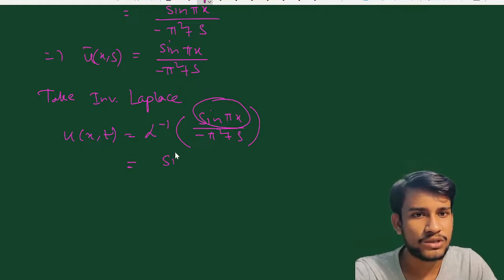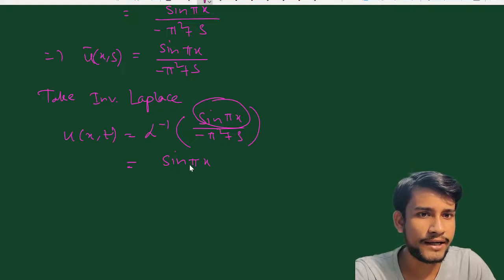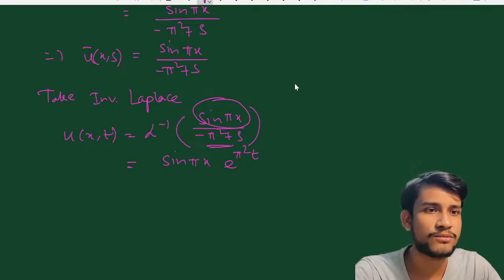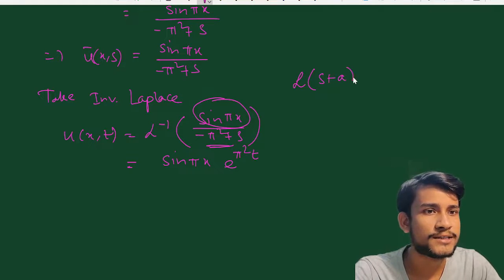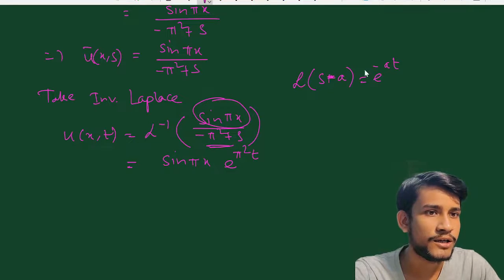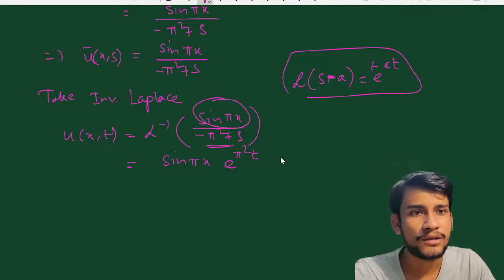So sin pi x, and the inverse Laplace of this term is exponential power pi square into t. Since we know that Laplace inverse of 1 by s plus a equal to e to the power minus at, and if we take minus here, then this should be plus.